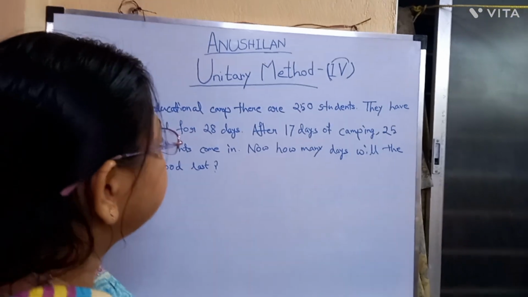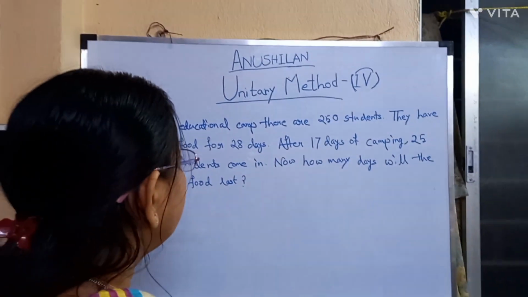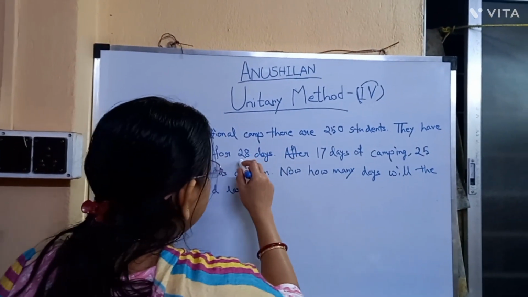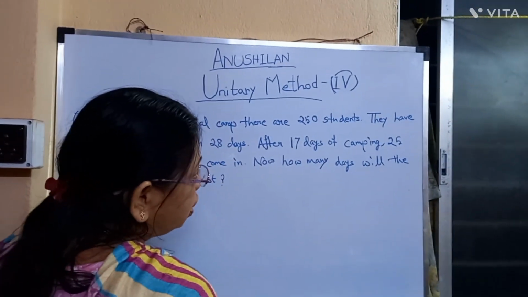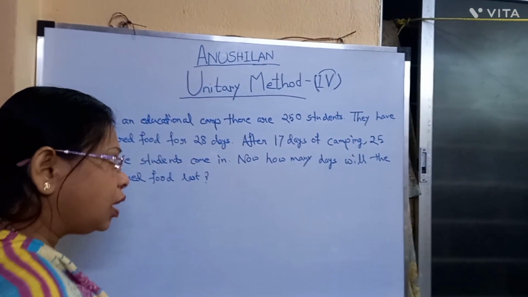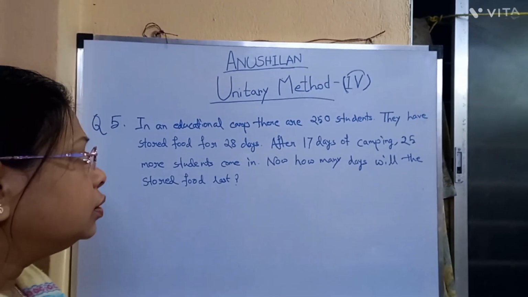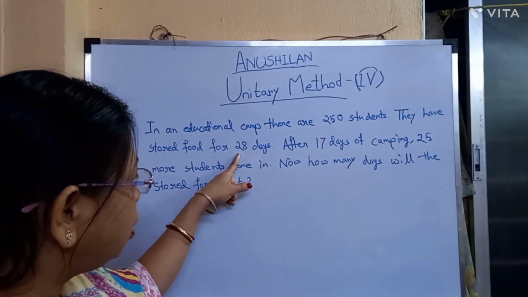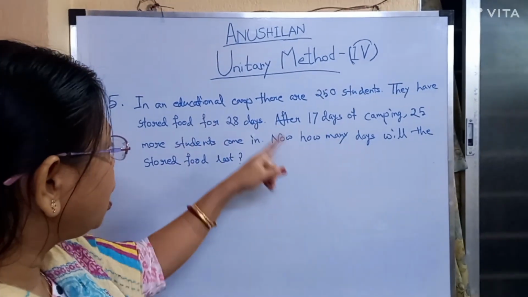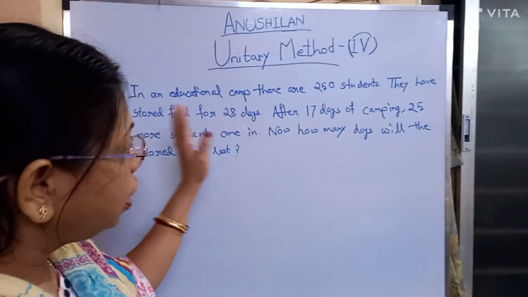Just look at the problem. 250 students can feed for 28 days. After 17 days, 25 more students come in. That means at first the food lasts for 28 days.